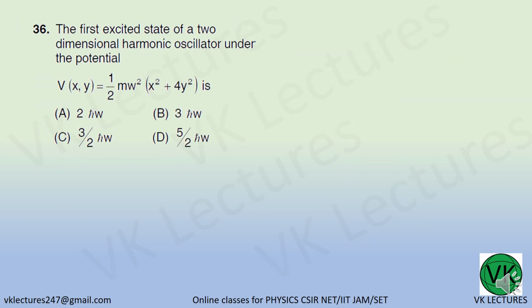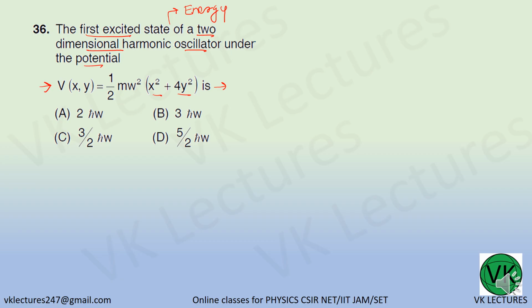The first excited state of a two-dimensional harmonic oscillator under the potential V is given. V of x comma y is half m omega square into x square plus 4y square. And the question is about the first excited state energy. Okay.